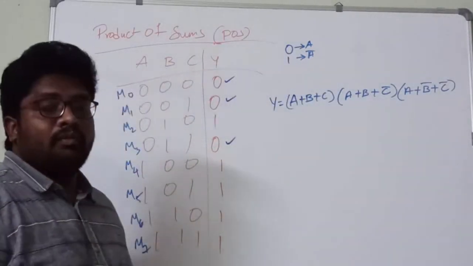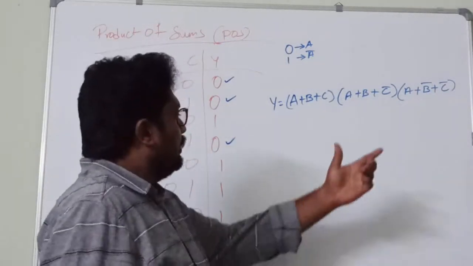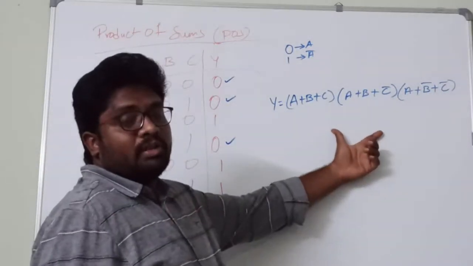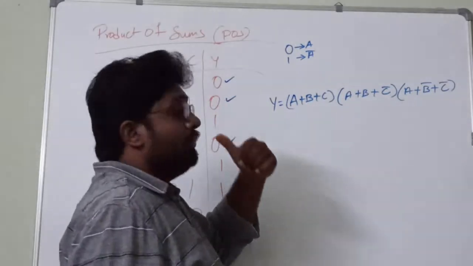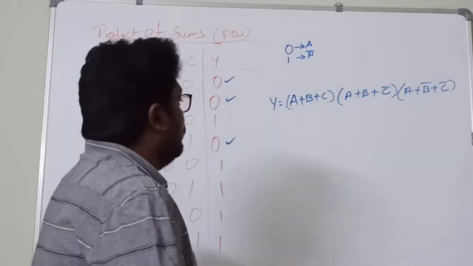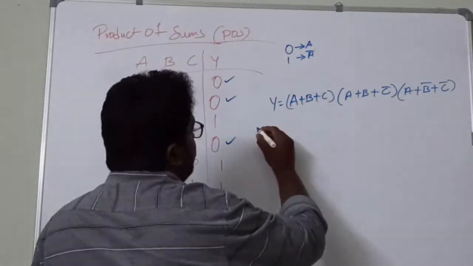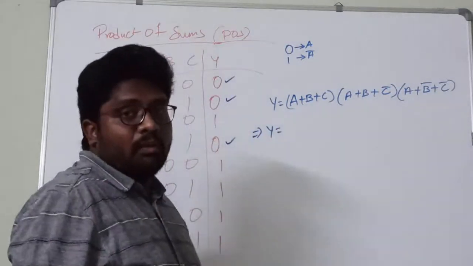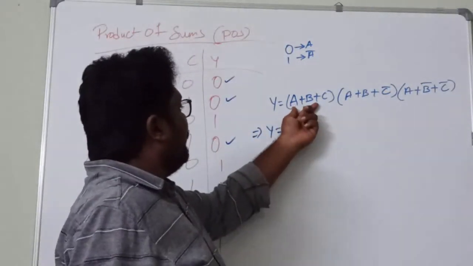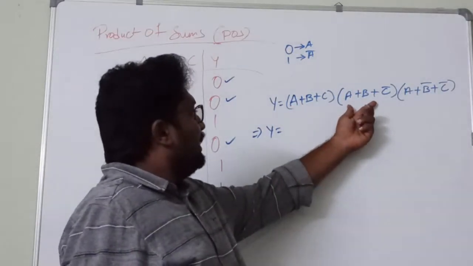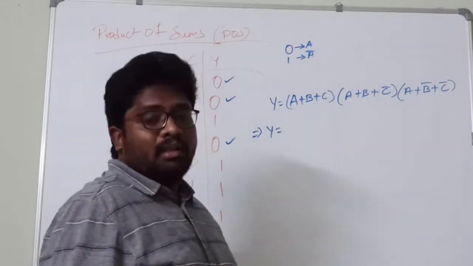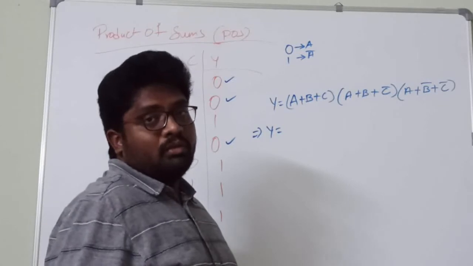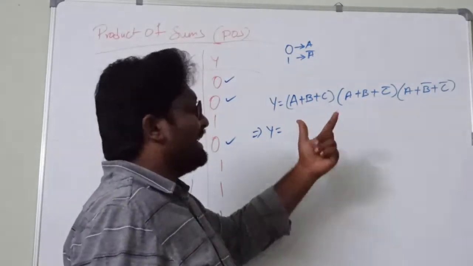So now let us reduce the expression we have got from the given truth table. This implies y is equal to, if you observe here, A plus B and A plus B are common in the first two max terms, right?